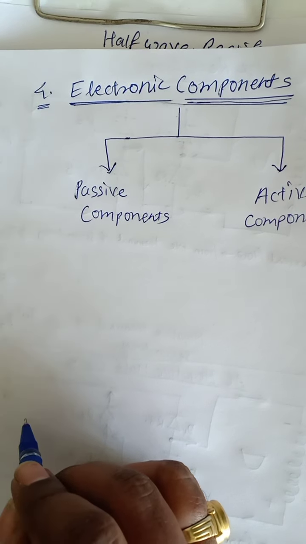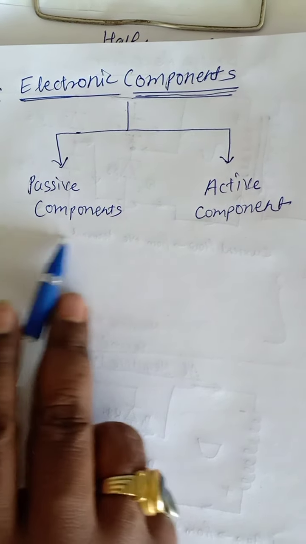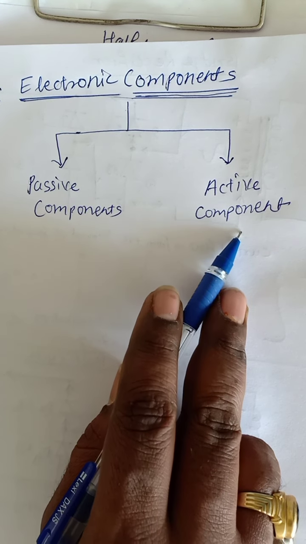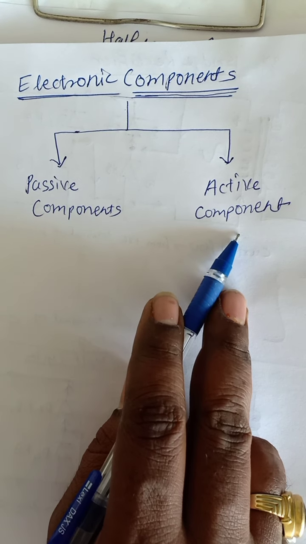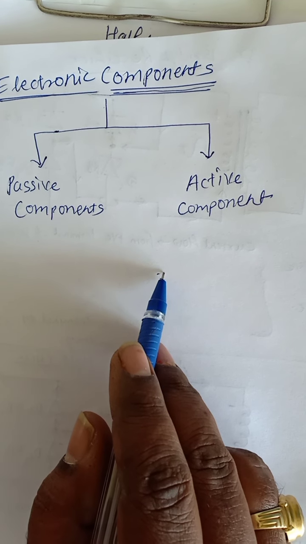Mainly divided into two types, passive components and active components. So what do you mean by passive and active?